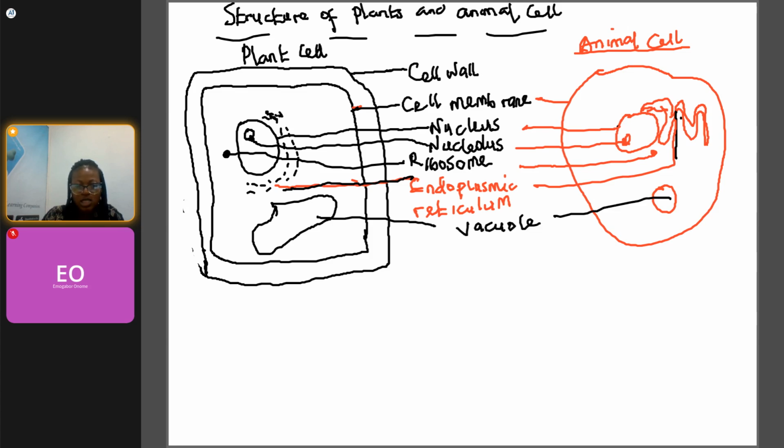So if you look at the structure of the vacuole in plant cell and the vacuole in animal cell, you see that that of plant cell is bigger than that of animal cell. They both have vacuole, but they are different in sizes. So the vacuole in plant is bigger than the vacuole in animal cell.